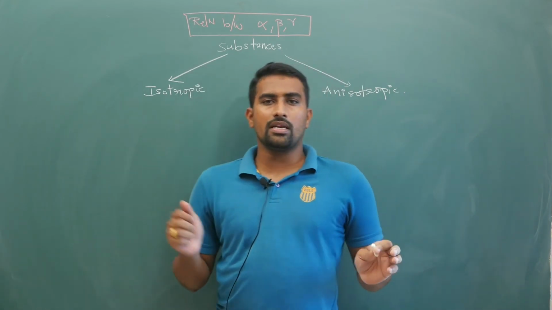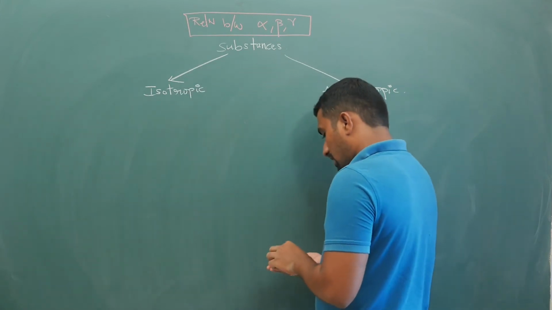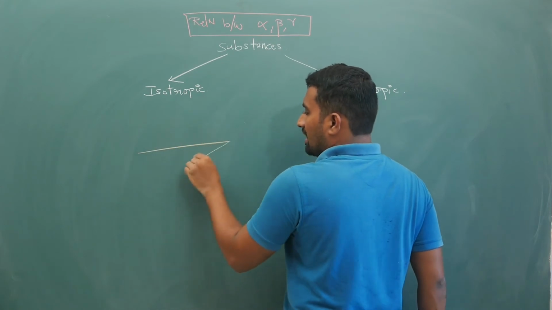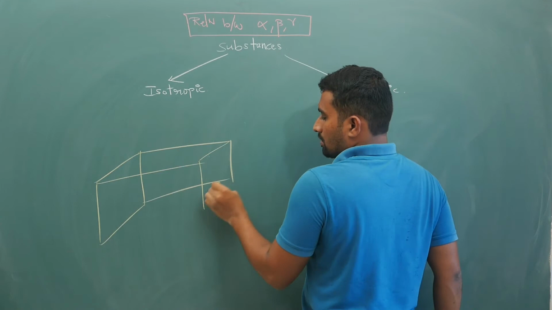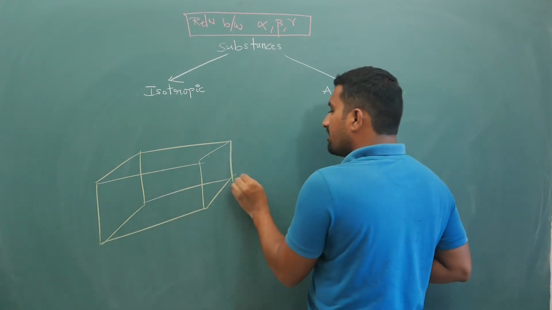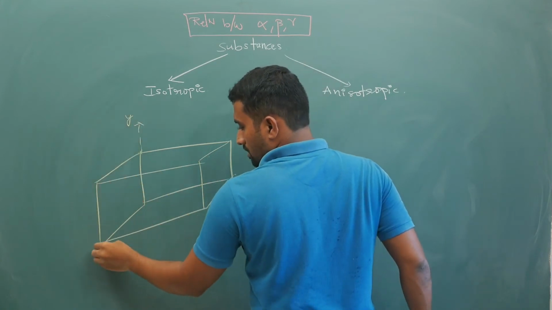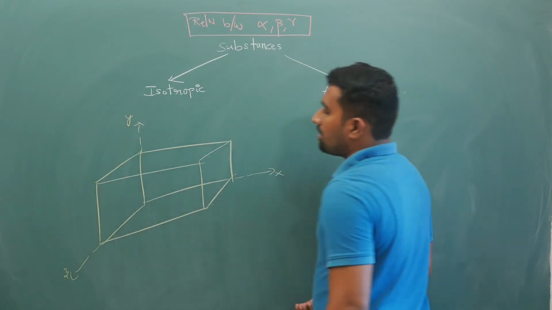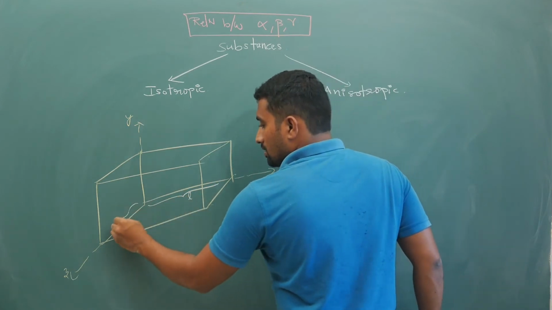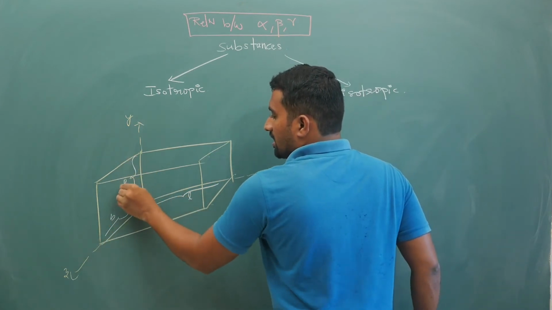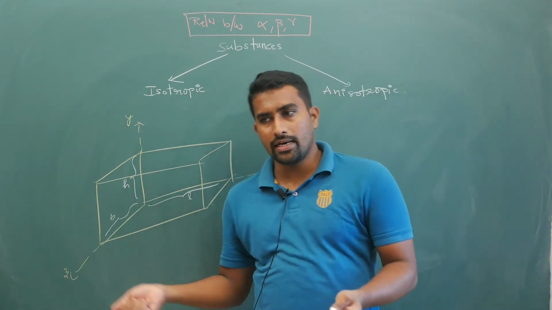What is the difference between isotropic and anisotropic substances? For clarity's sake I will take a cuboid and define the xyz axes here. Let us say this is length L, this is breadth B, this is height H. This is a three-dimensional solid.